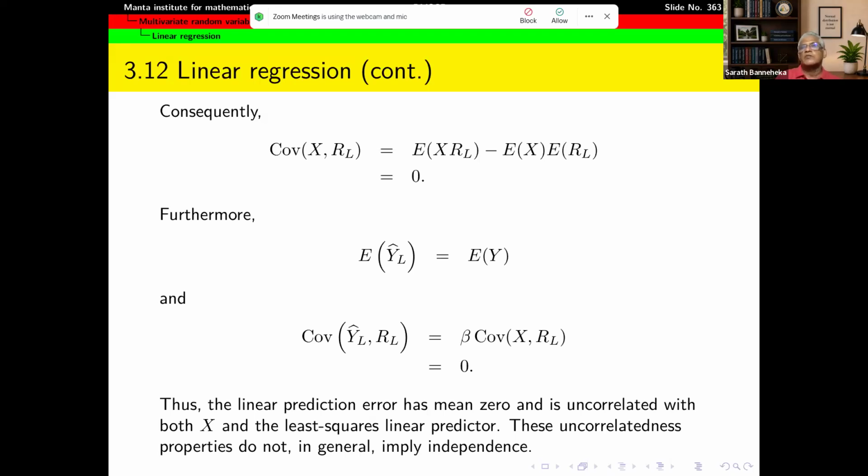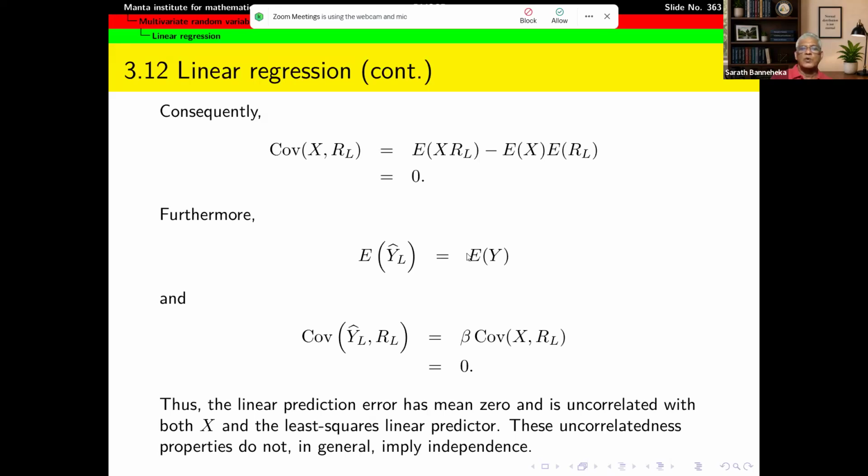That's why we usually expect the residual plot to have no pattern. Furthermore, the expected value of the predictor is the same as the expected value of y.